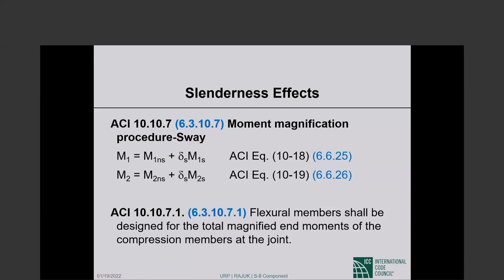Anyway, loads that cause appreciable side sway: all lateral loads cause appreciable side sway, and gravity loads typically do not cause appreciable side sway. There is an exception to that, however. If you have a very unsymmetric building, then gravity can cause appreciable side sway.